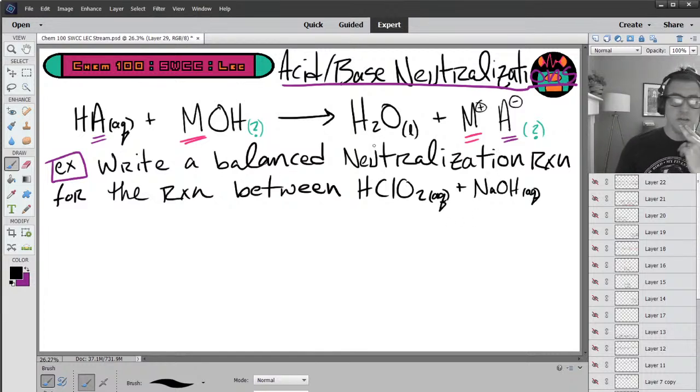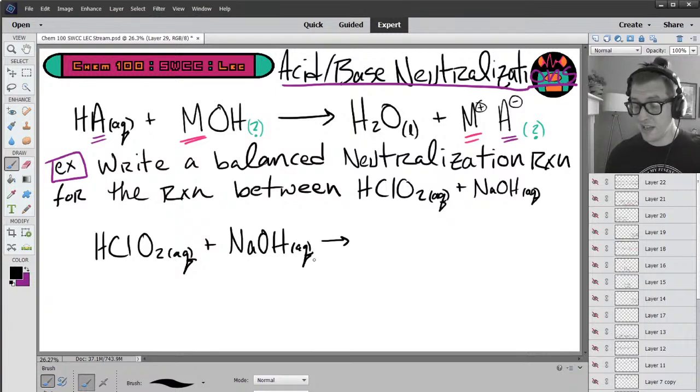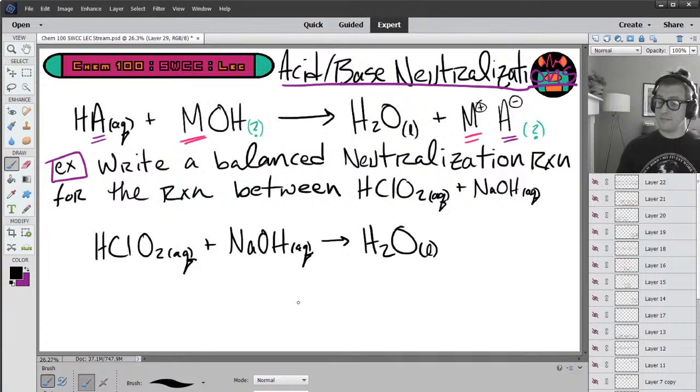All right, so we know the reactant side. But what are the products going to be? Now, here's the beautiful thing. Acid-base neutralizations will always make water. So you can always write H2O as a liquid. You're halfway there.